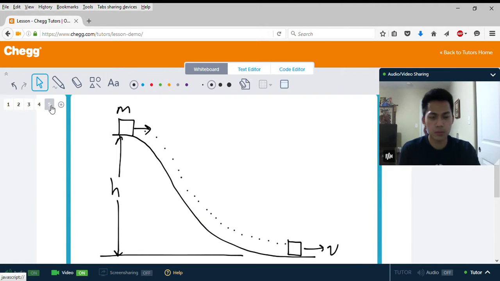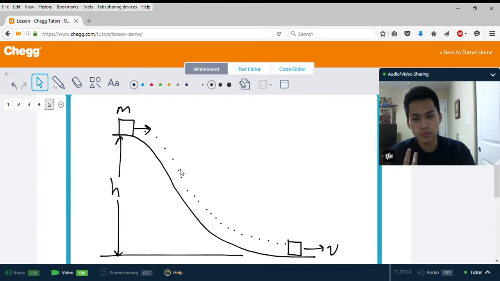In other problems, you'll see a problem like this. This is a really common problem where you have some object on some kind of hill, and then you want to find out what the potential energy is at the top, so then you can find out what the kinetic energy is at the bottom, or vice versa. Here again, you really just want to use the same equation.